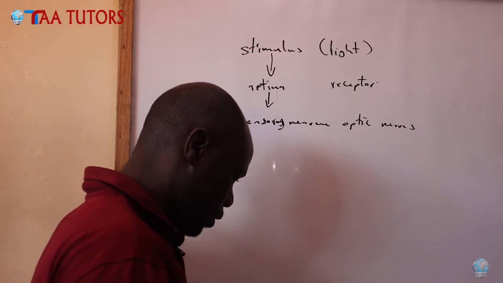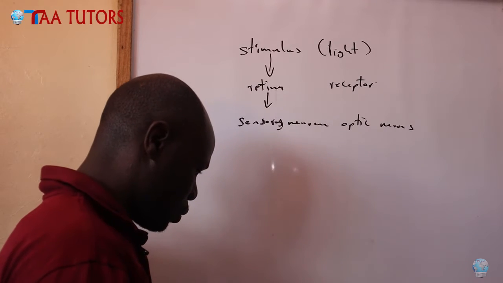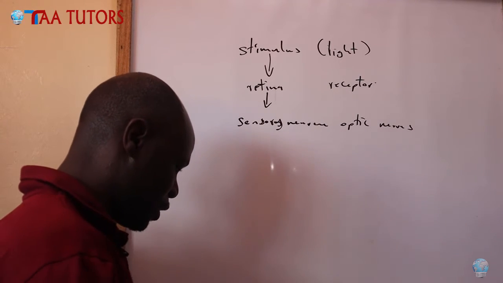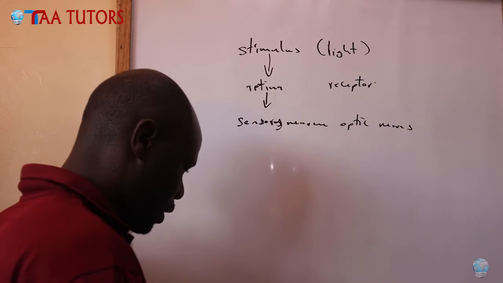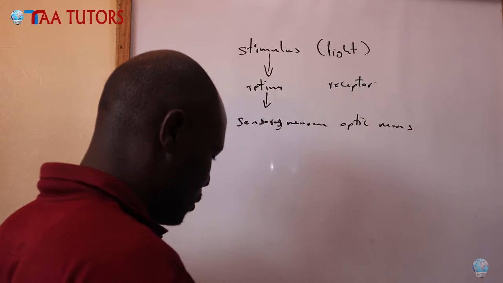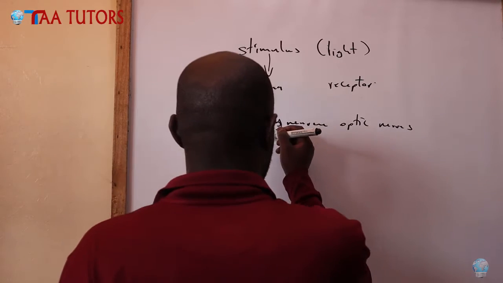Then from the retina, the sensory neuron found in the optic nerve picks up the information and takes it to the unconscious part of the brain.